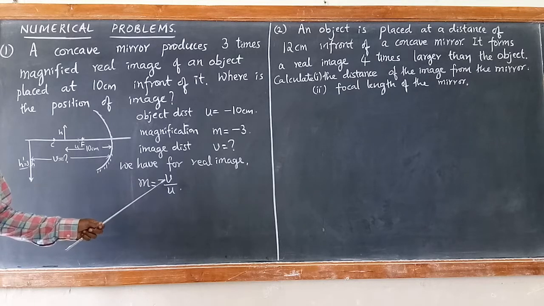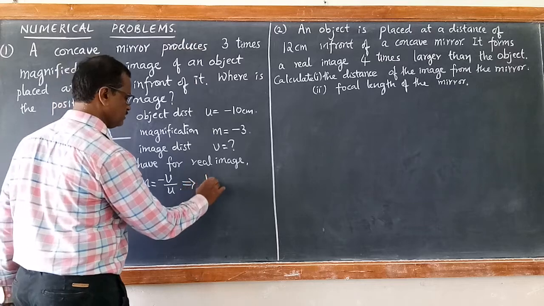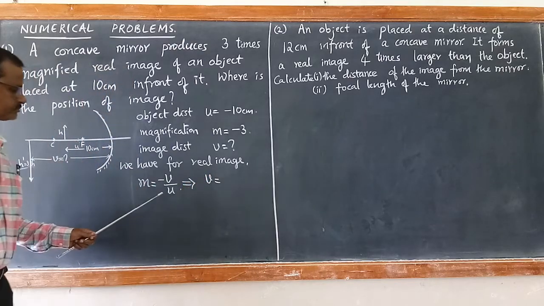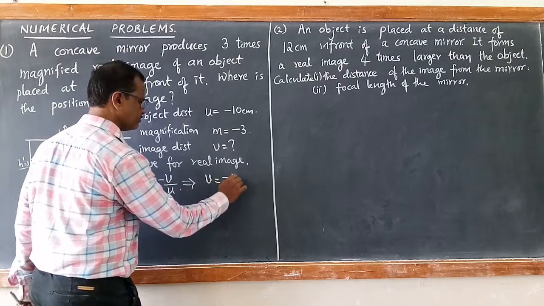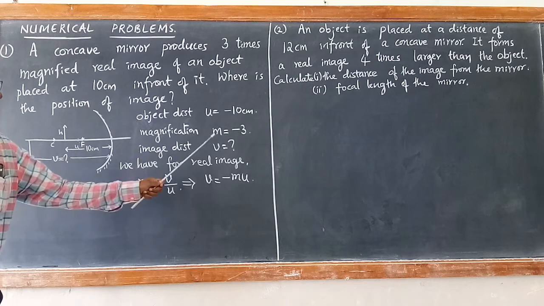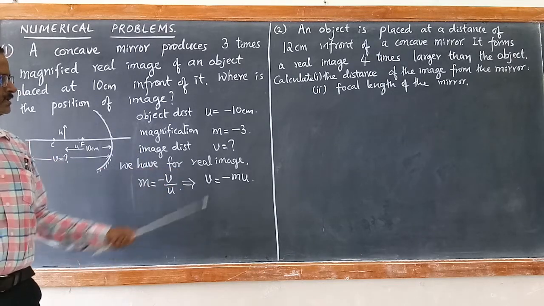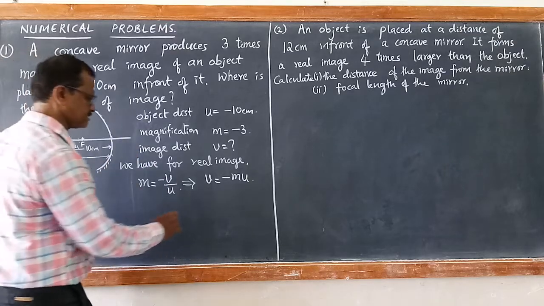You are asked to find out V. This implies V is equal to minus M into U. Substitute the value of M, minus 3. Substitute the value of U, minus 10. You will get the result.